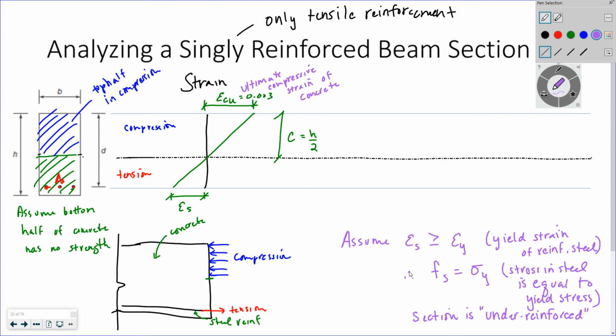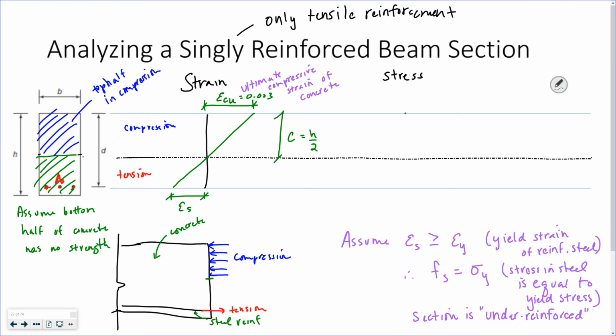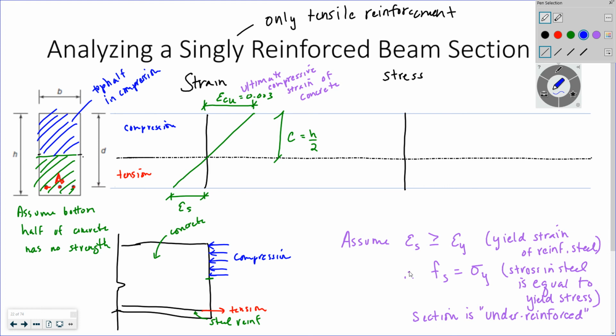So now I'm gonna look at my stress profile. I just looked at my strain. Now I'm gonna look at my stress. If I look at the stress in my concrete, we talked about the Whitney stress block, right?